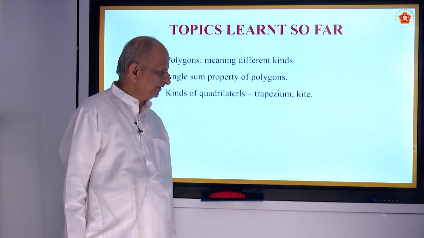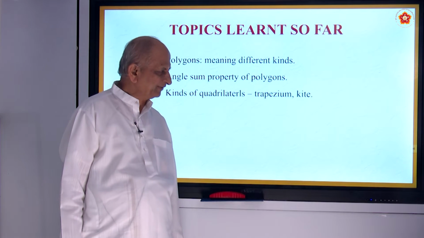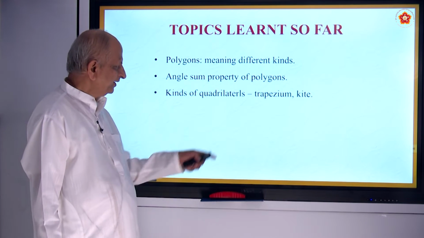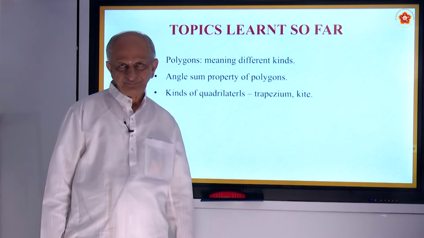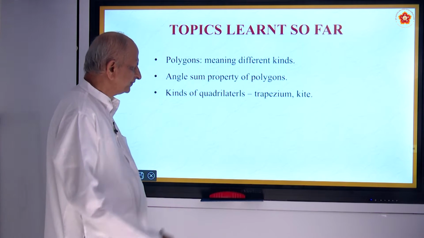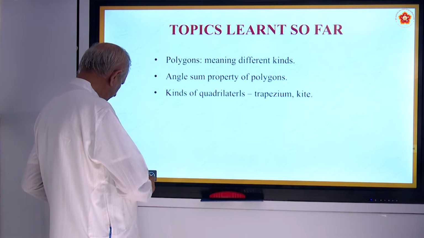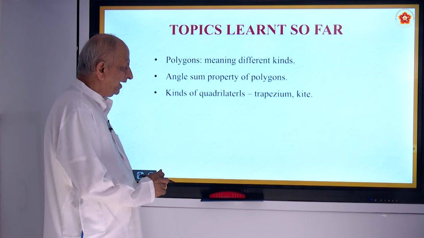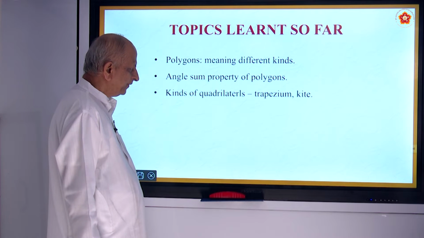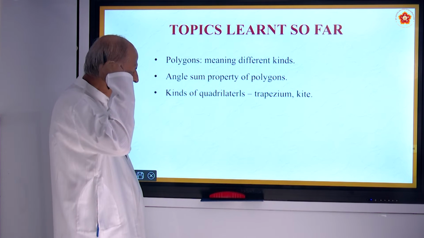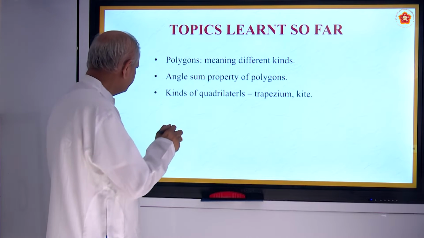And also we have seen different kinds of quadrilaterals, namely trapezium. What is trapezium? It is a plane figure having one pair of opposite sides parallel to each other.